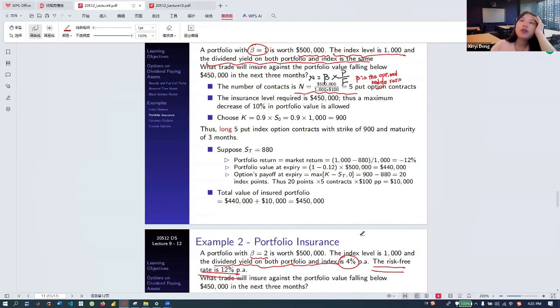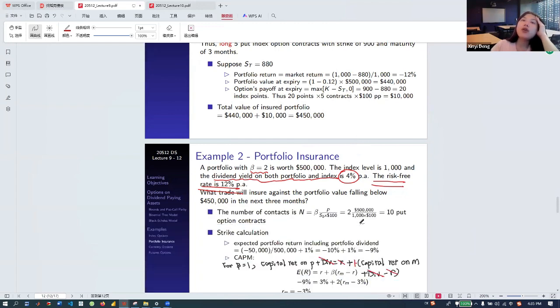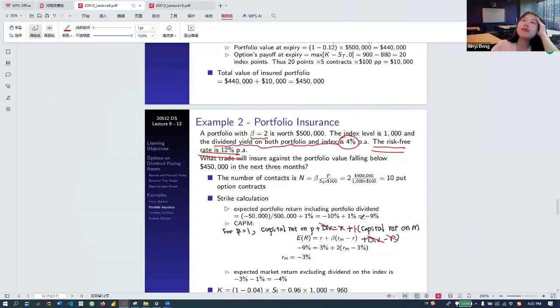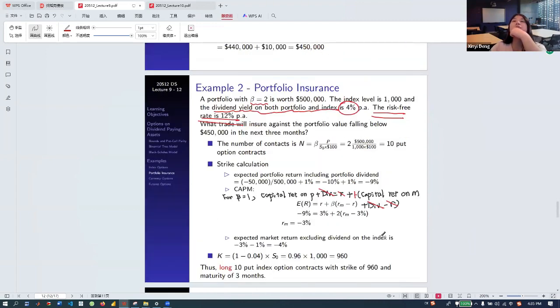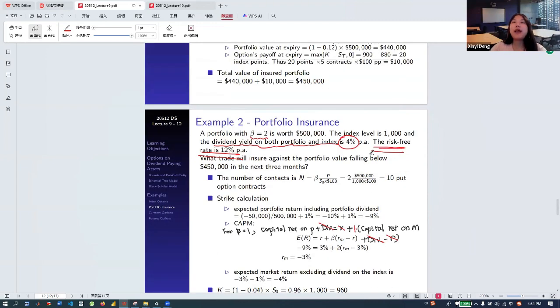All the remaining information is pretty much the same. Beta changes from 1 to 2. The maximum loss we can bear remains the same, which is $50,000. Now we know the exact number of the dividend yield. We also know that the risk-free rate is 12% per annum, so that's a bit of extra information.